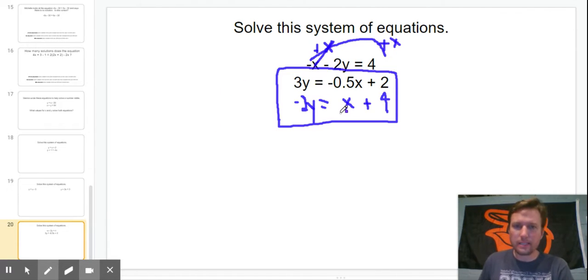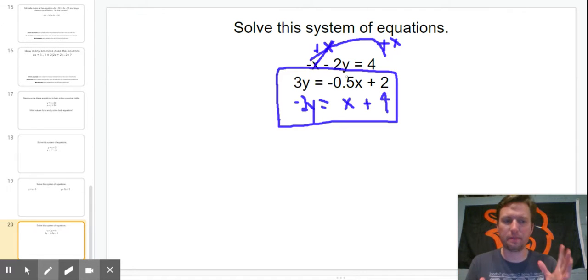Okay, now the second thing that I'm going to do is look at this equation and try to find or make my variables one negative and one positive, so that I can eliminate them. Because if I have a positive and a negative, it equals 0.